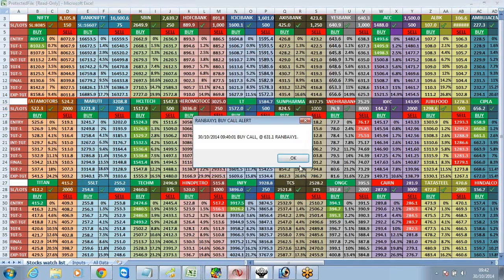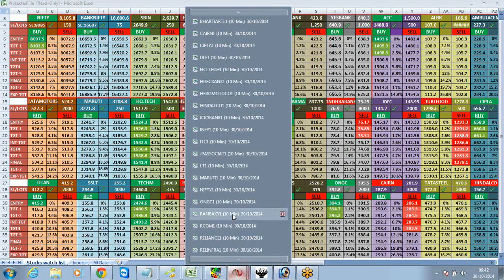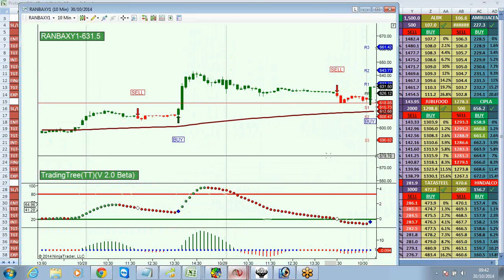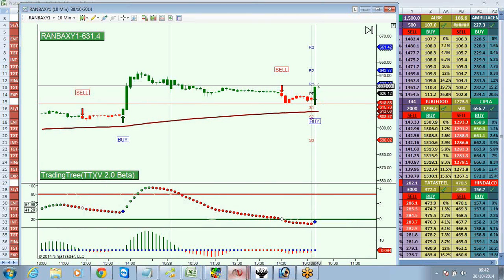So you will get this pop-up. There is a Ranback C call. We have this buy call here at 631. So always place your trade slightly above the candle where you have got the buy call. Let's say 1 rupee, 632.